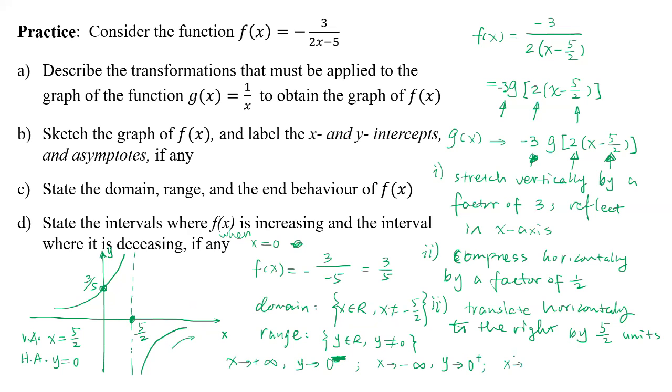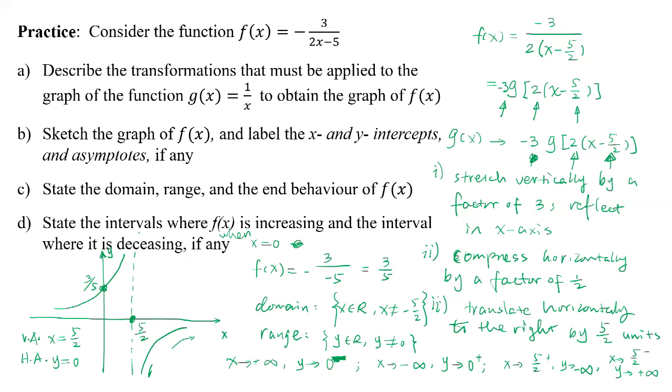When x approaches 5/2 from the positive side, y approaches negative infinity. And when x approaches 5/2 from the negative side, y approaches positive infinity. This is the end behavior.